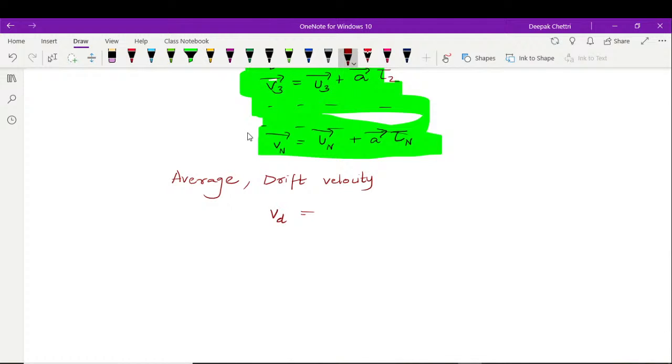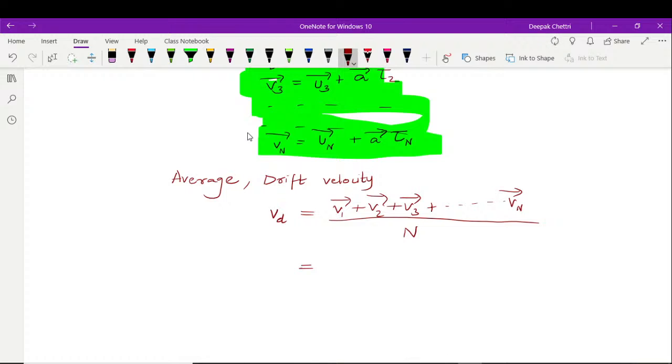So how do we write that? We write v1 vector plus v2 vector plus v3 vector plus up to vn vector, divided by the total n. So far it's clear, I hope.